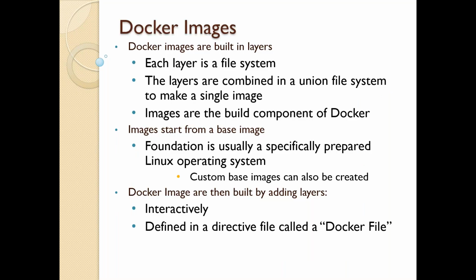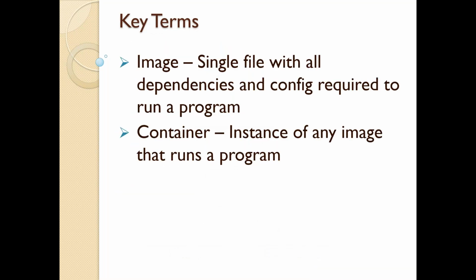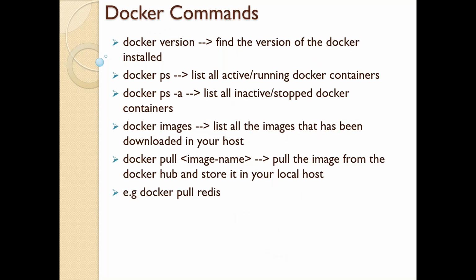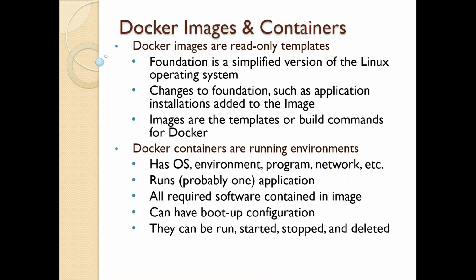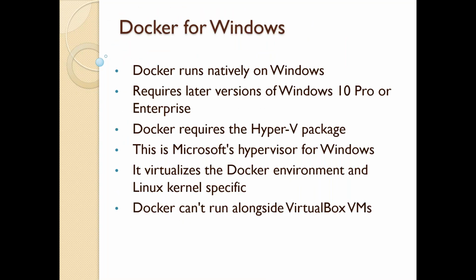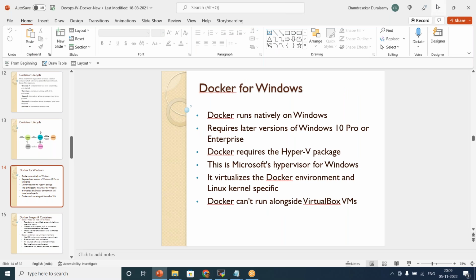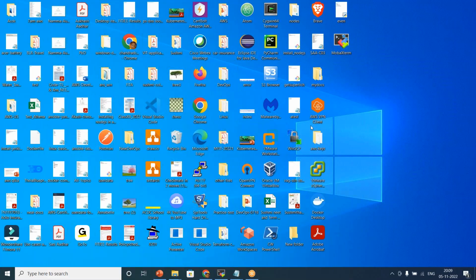Okay. So let's go and kind of see how to install this. So you can install this and we can continue to see all the commands that we are doing, right? There are two ways that you can install Docker.